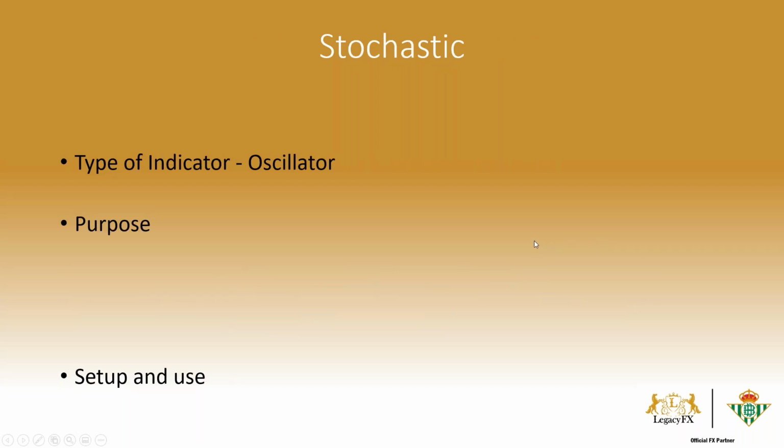So the stochastic. The stochastic basically measures the closing price in comparison to its given price range. Now, the purpose, again, is to find overbought and oversold moments in conjunction with the moving trend line.